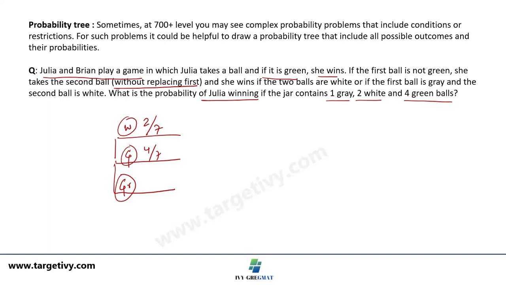And the gray ball is 1 by 7. If she gets a green ball in the first choice, she will win. If it's a white ball, this can be followed by a white ball. That chance is 1 by 6. Then only she wins.